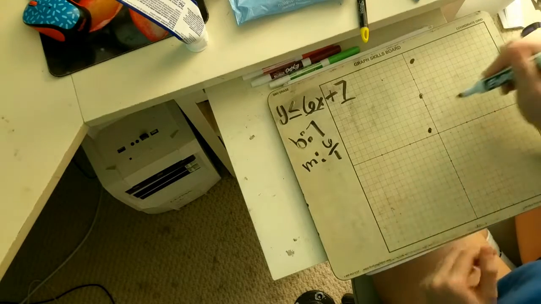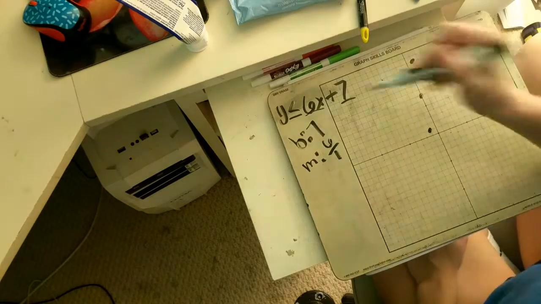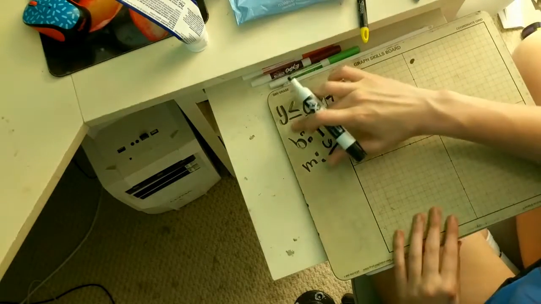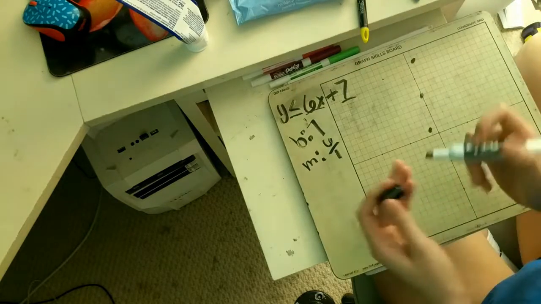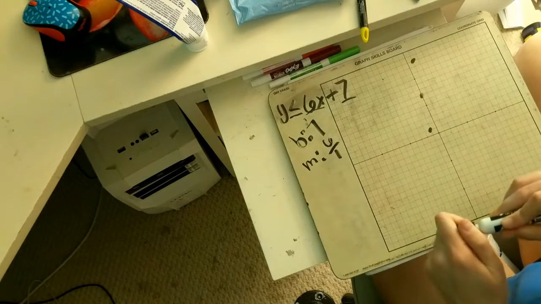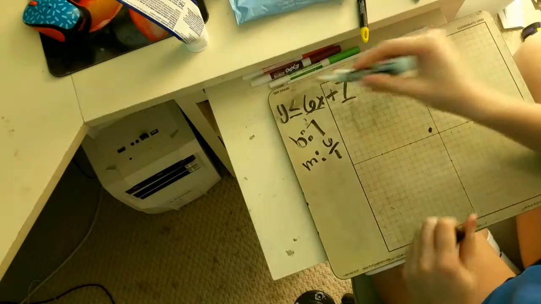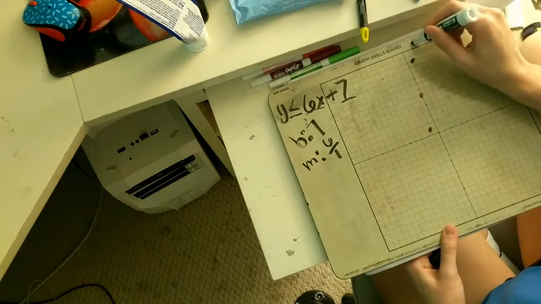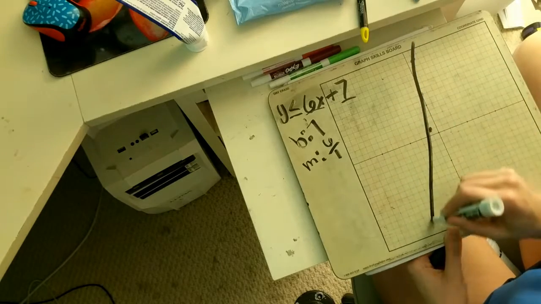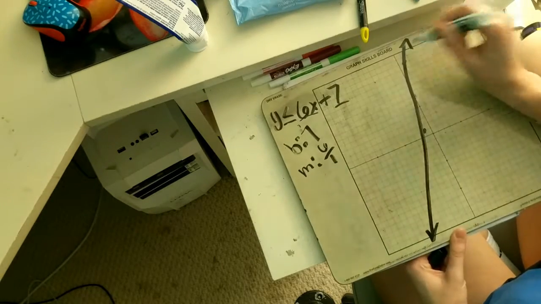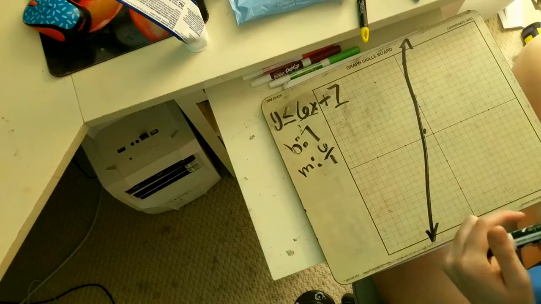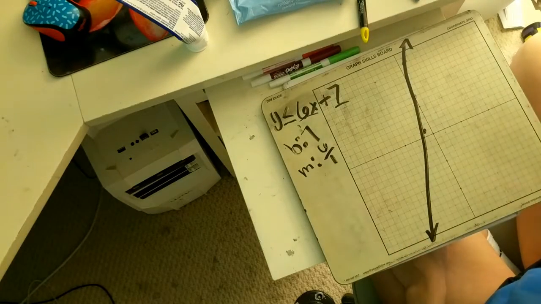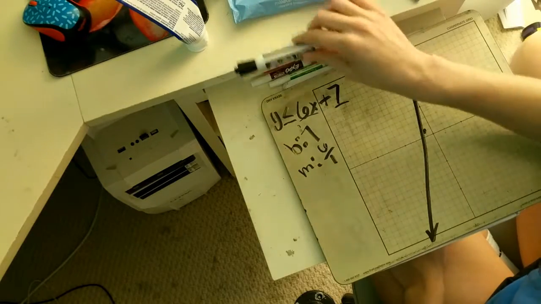All right. Now we're going to see what our inequality sign is. So as we can see, this is an inequality that has a line underneath it, which means it's going to be a solid line. Then what we are going to do is see, is it greater than or less than y?